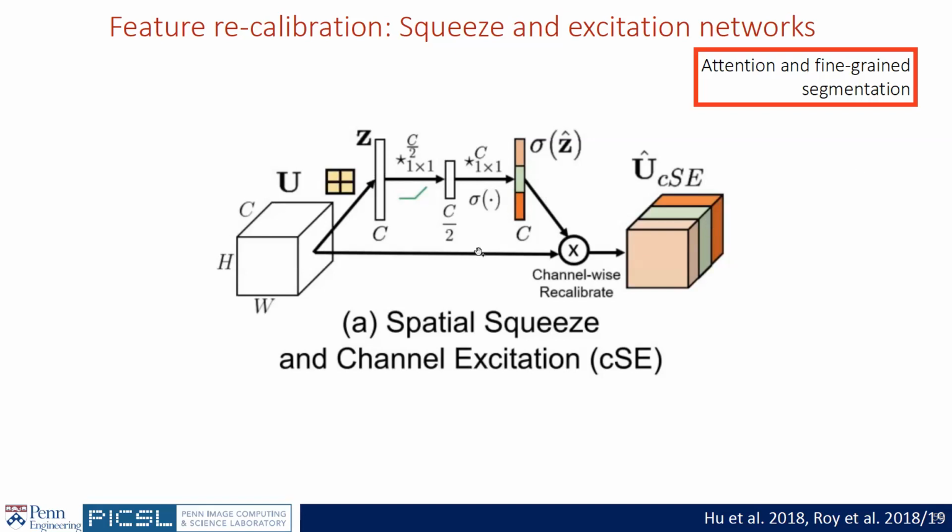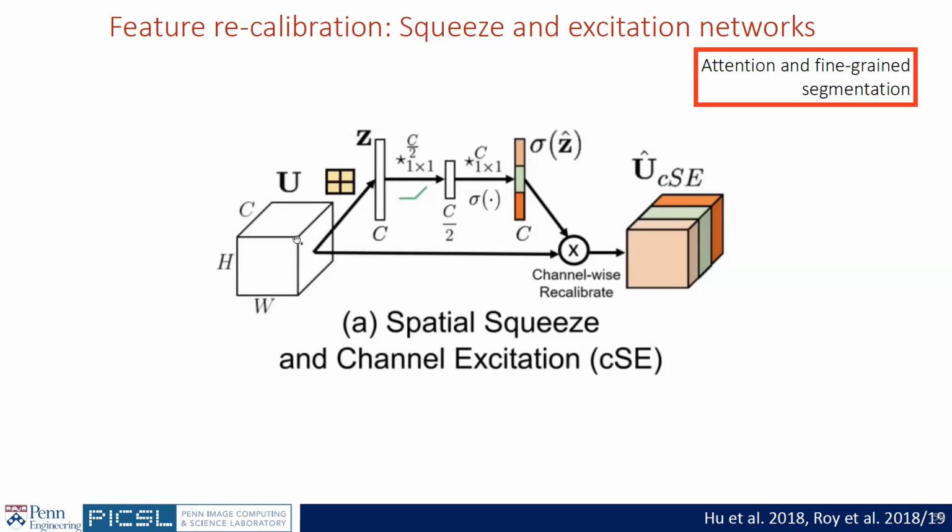This is something called spatial squeeze and channel excitation. As the name suggests, we are trying to compress the information from a spatial height and width into a single number, and we will increase the number of channels for the same, right?